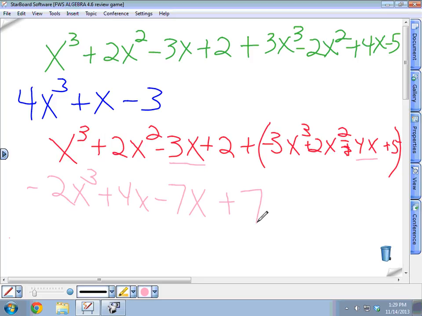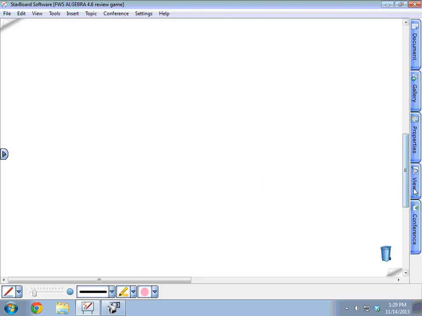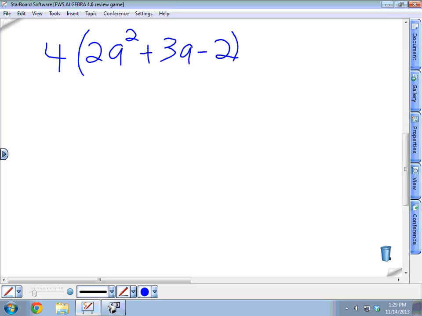And then they use some nice distributive properties, so let's do that. We'll go down to number 15. 4 times 2a squared plus 3a minus 2, plus 2a squared minus 6.